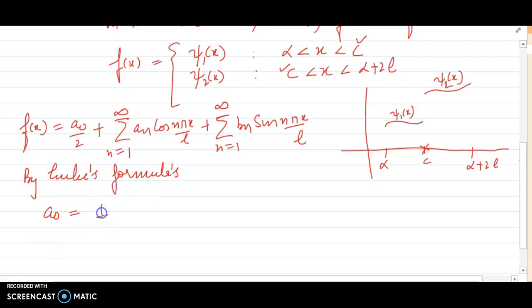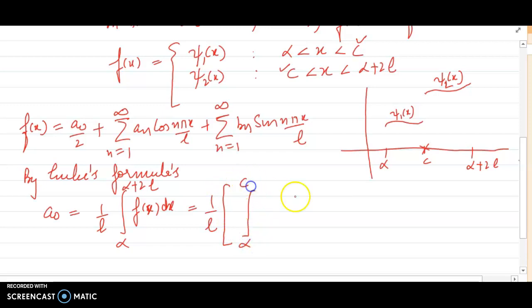I know this is equal to 1 by L integral from alpha to alpha plus 2L of f of x dx. That is the case when there is no point of discontinuity, but in this case there is a point of discontinuity. So I will split the integral into two parts, alpha to c, then c to alpha plus 2L.